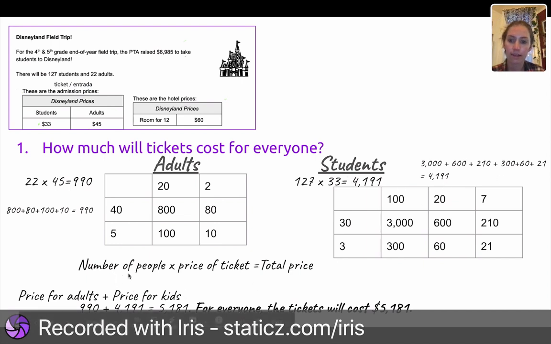And they said that it's the number of people times the price of a ticket equals the total price for that group. Then down here at the bottom, they added up the price for adults plus the price for kids to get the total. And here's their answer. For everyone, the tickets will cost $5,181. So they answered in a complete sentence.